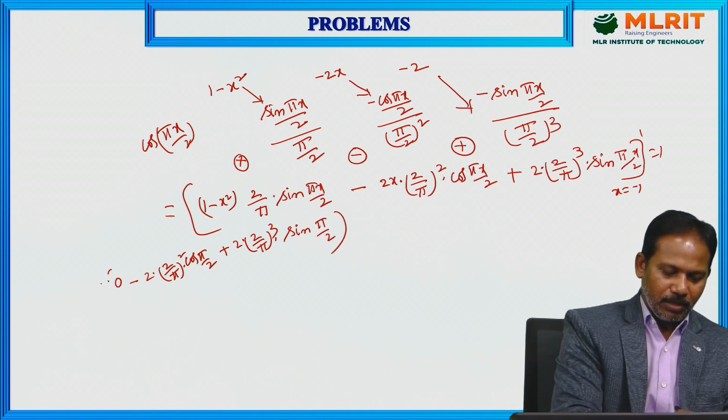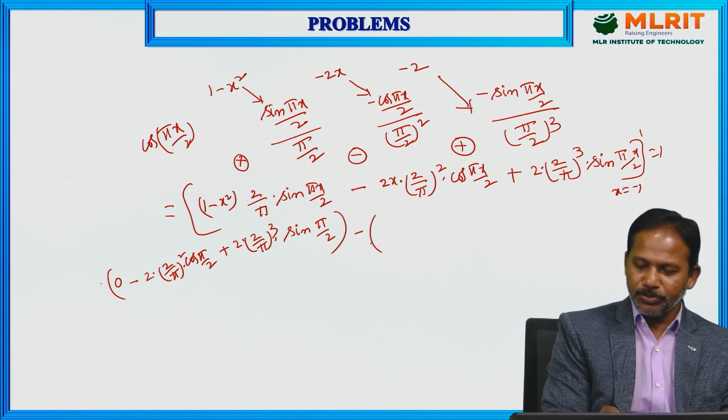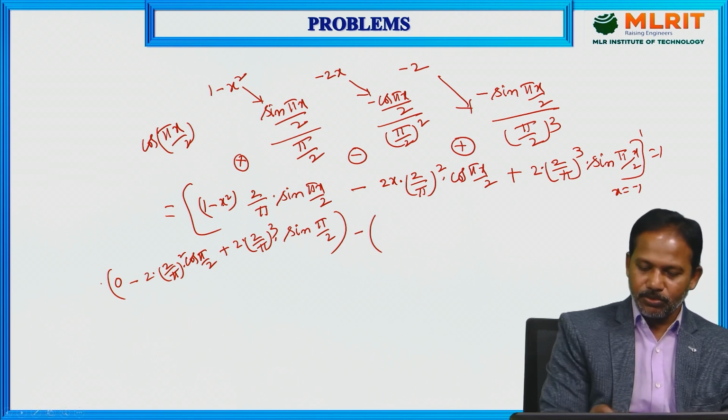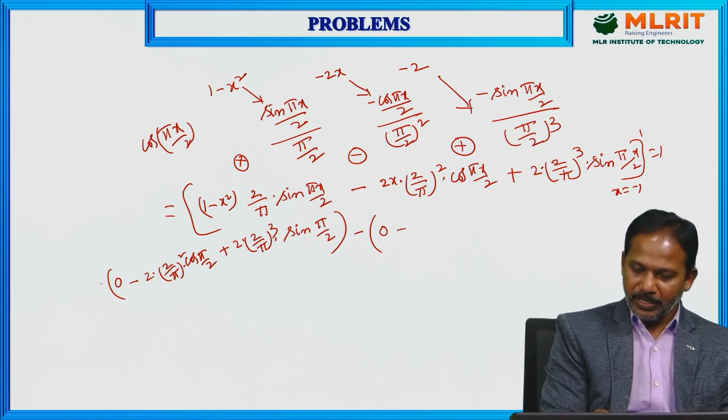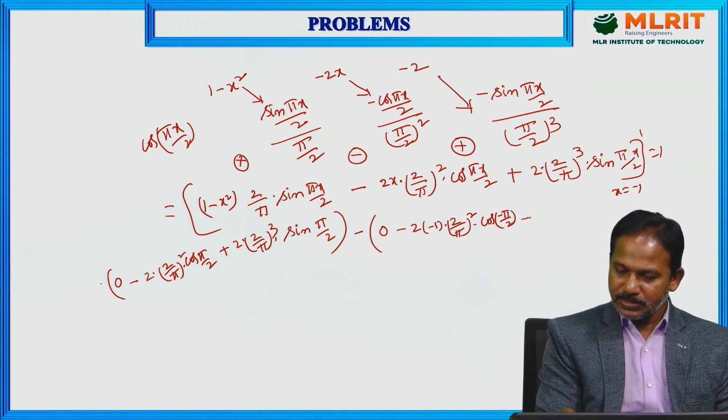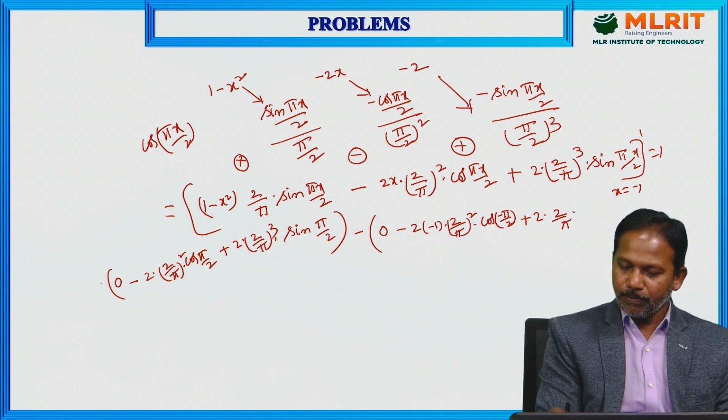This is my upper limit data. Minus, I substitute the lower limit: here also 1 minus (minus 1) whole square is 0, so total 0; minus 2 into minus 1 into (2 by pi) whole square into cos(minus pi by 2); next plus 2 into (2 by pi) whole power 3 into sin(minus pi by 2), is equal to 1.